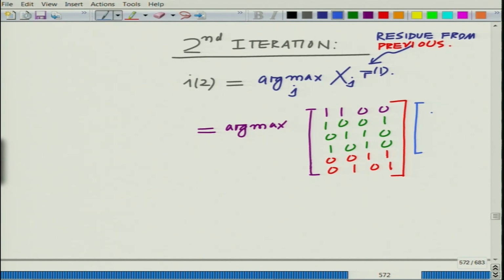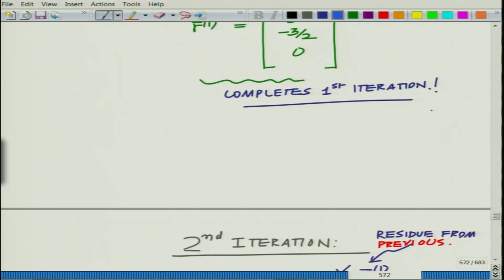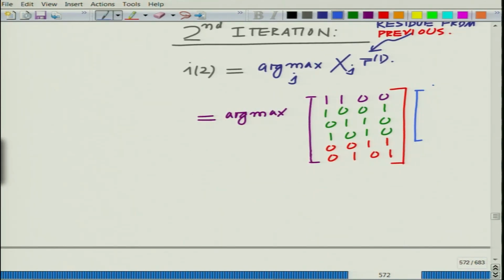and we know r bar of 1 is essentially what we have derived over here, 3 by 2, minus 3 by 2, 0, and you do the projection.